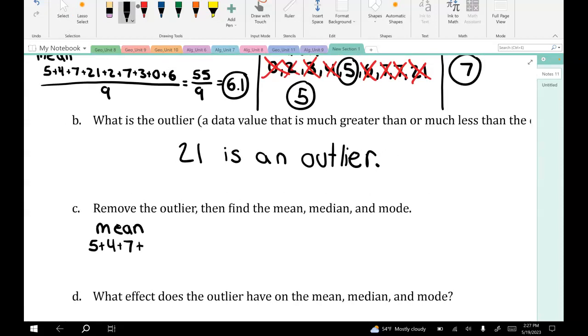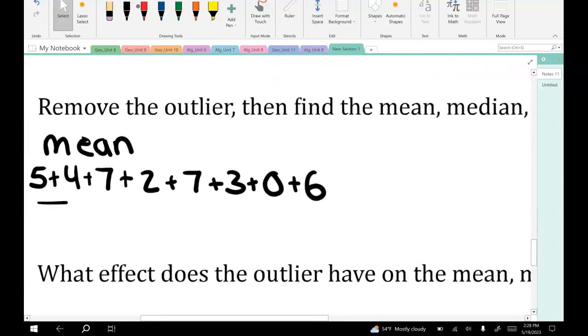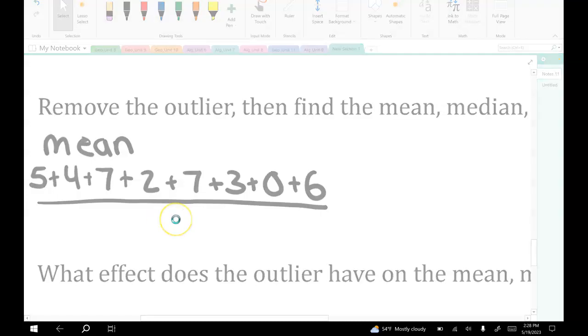We'd skip 21. So we add 2, and then we add 7, and then we add 3, then we add 0, and we add 6. Instead of having 9 data values, now we only have 8. So we divide this by 8 to find our average.